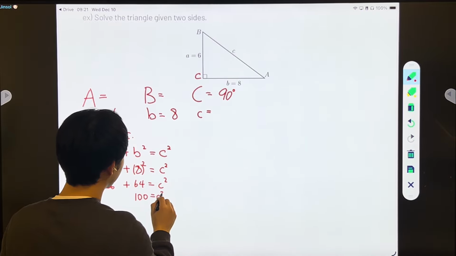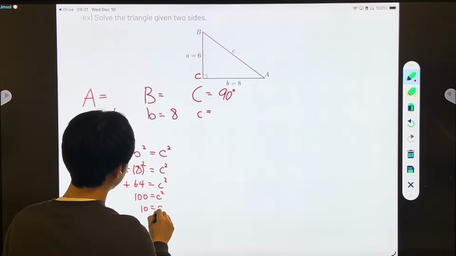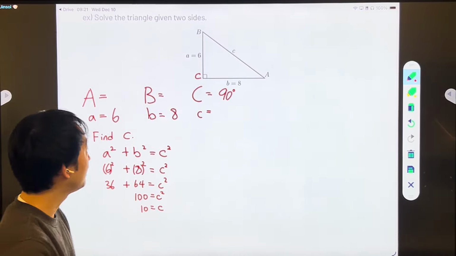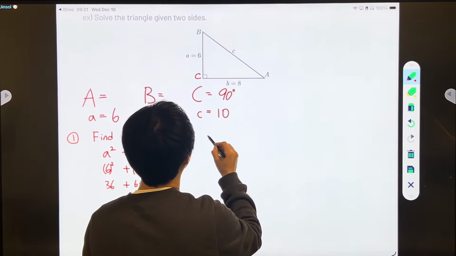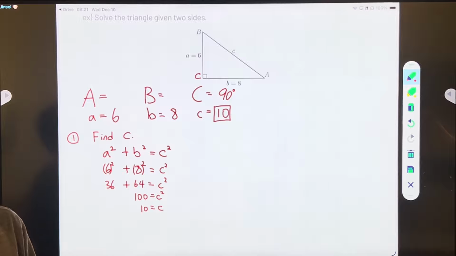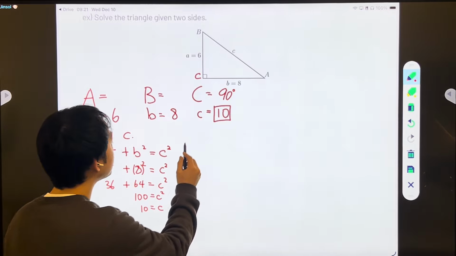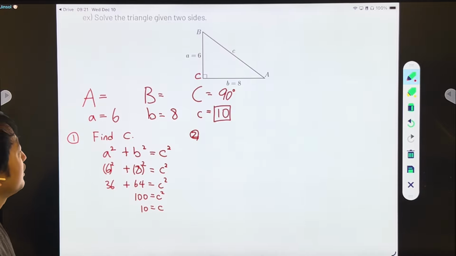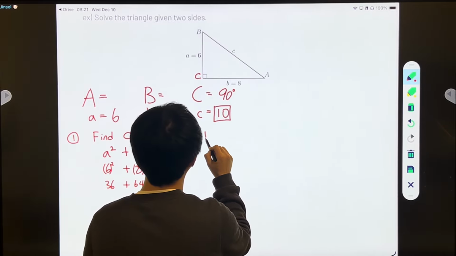That's 100 equals c squared. So therefore, c equals 10. So I found c equals 10. Let's put it in the box to show that this is the number that I found. Second step is to find, well, it doesn't matter which order I go. Let's go with the A, uppercase A.